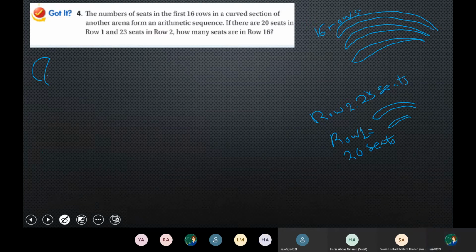Yes, Habiba. Here you have to find the number of seats in row 16.